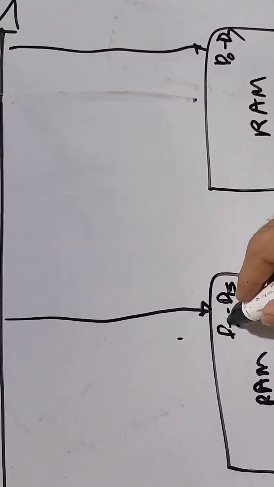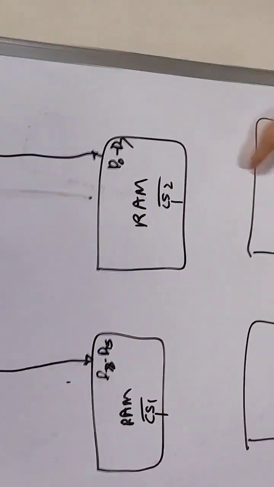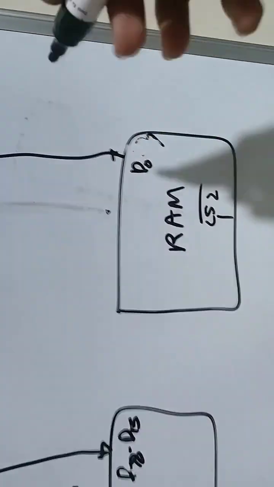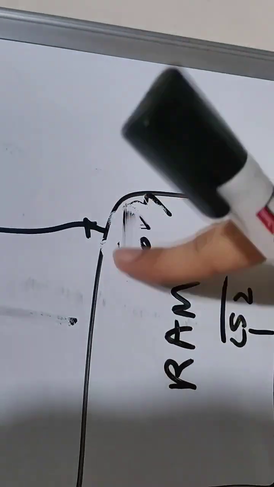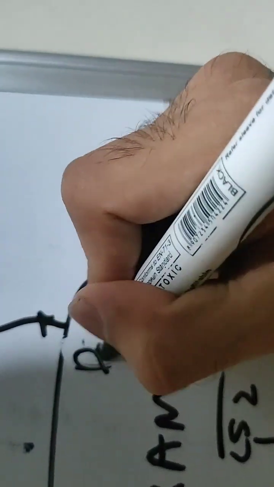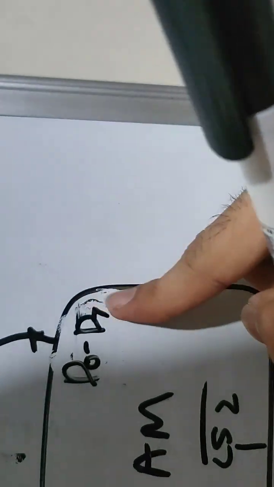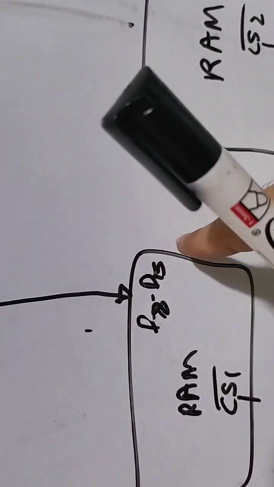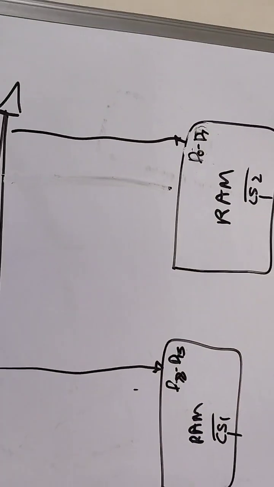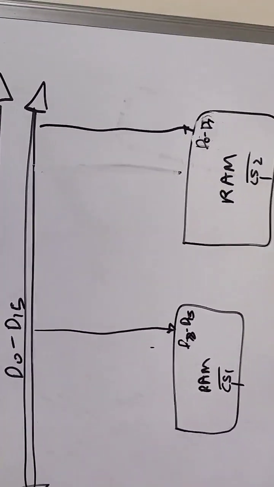And D7 is done, right? So D8 to D15, sorry. D0 to D7, if I make it a bit properly. And this one will get D8 to D15. Okay, that's the data lines accounted for.